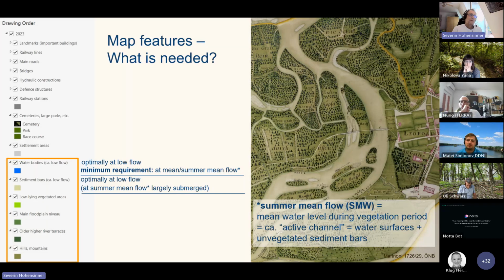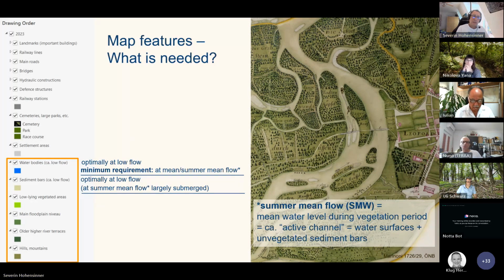And because we always have the trouble that the water level of survey in each map is not the same and differs. And if you calculate water surface areas, or sediment bar areas, they always depend on the water level of survey.